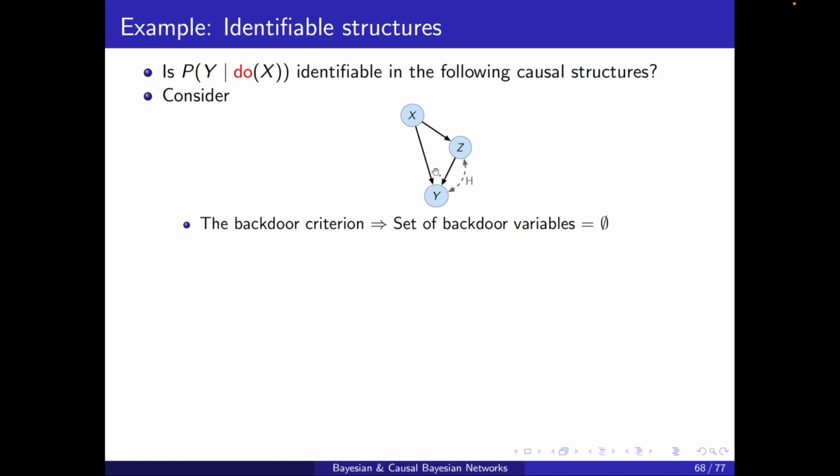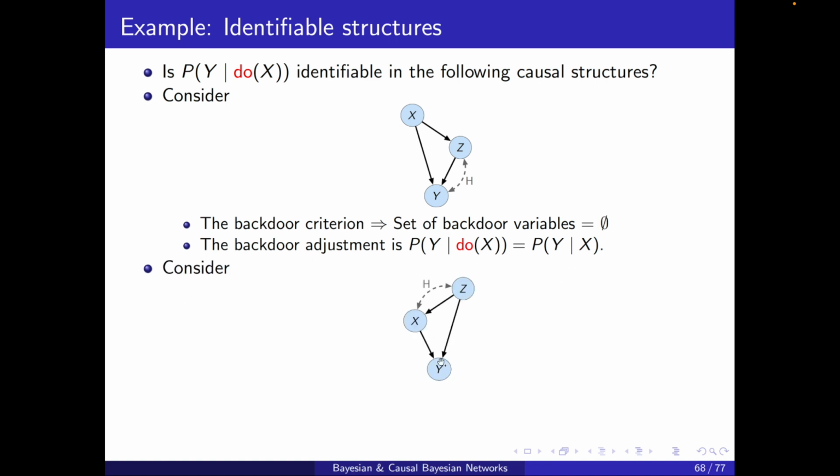So I don't need any z to block the backdoor path of x. There is no backdoor path, and therefore the empty set will just satisfy it. So I can simply write down P of y condition on do of x is equal to P of y condition on x. This is another way to see that second rule of do calculus.